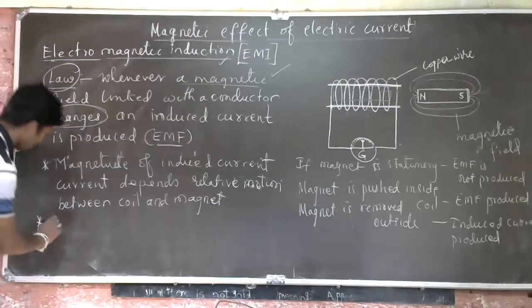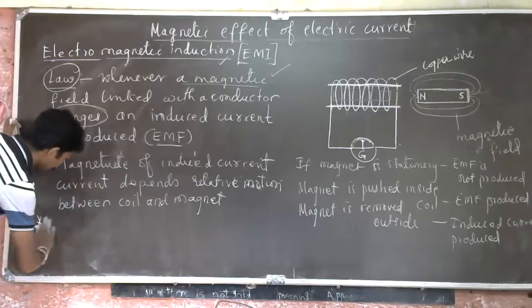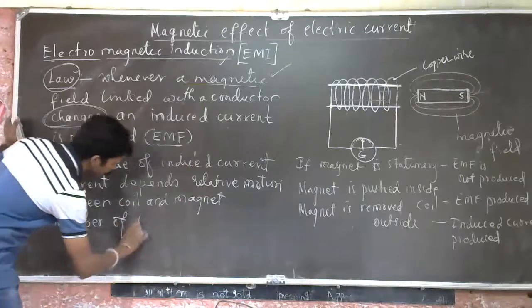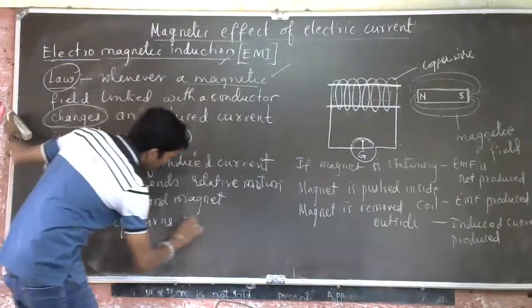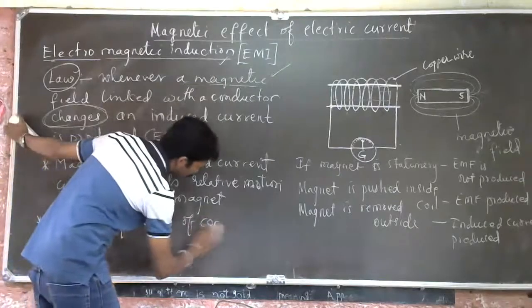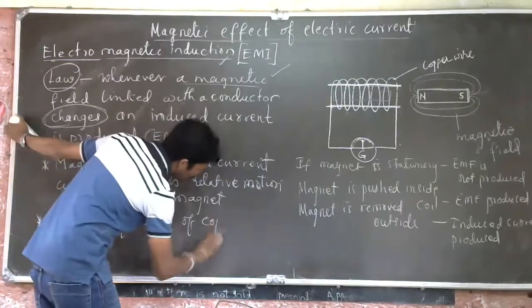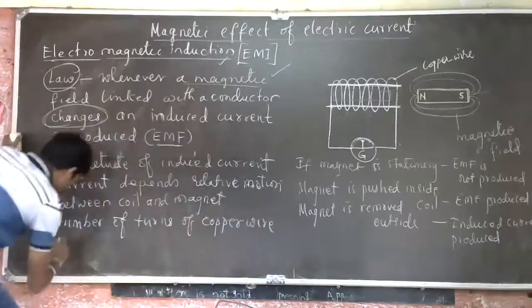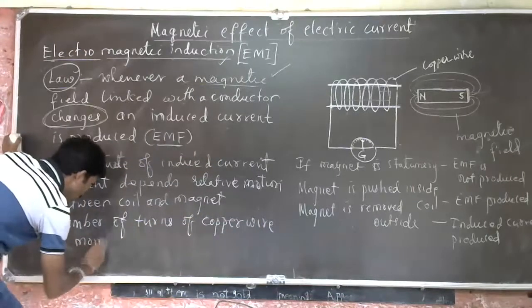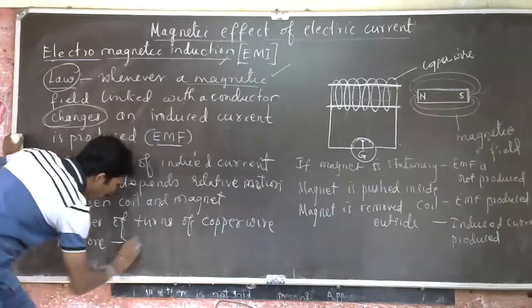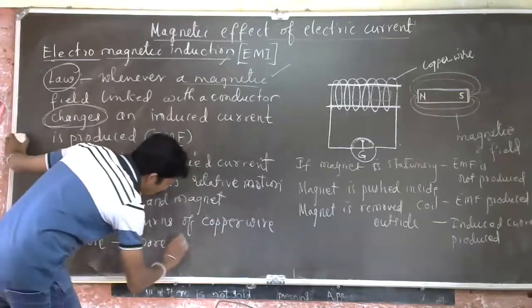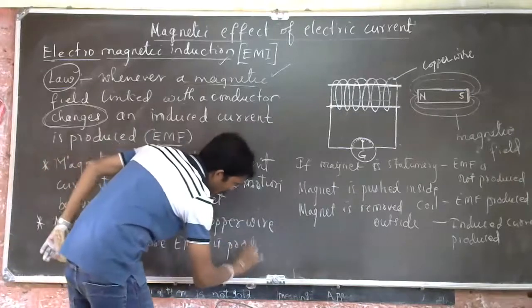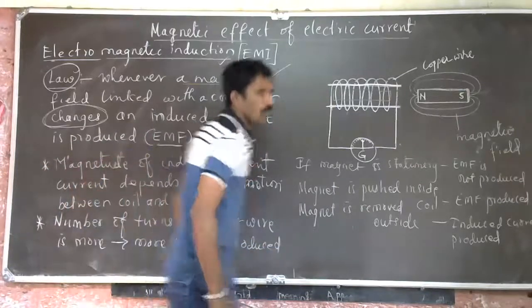Similarly, if the number of turns of the conductor copper wire is more, more EMF is produced.